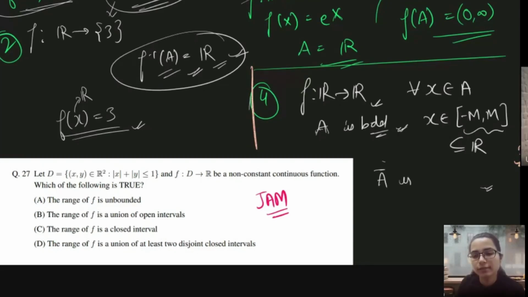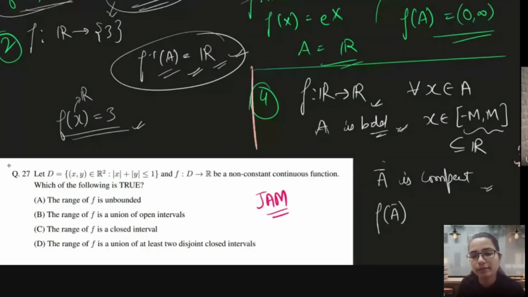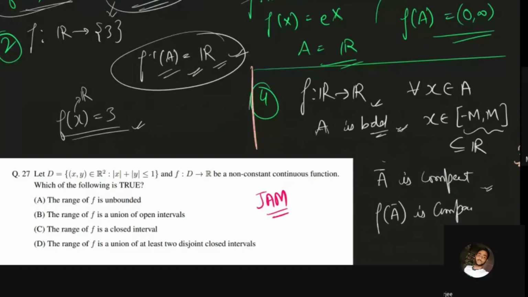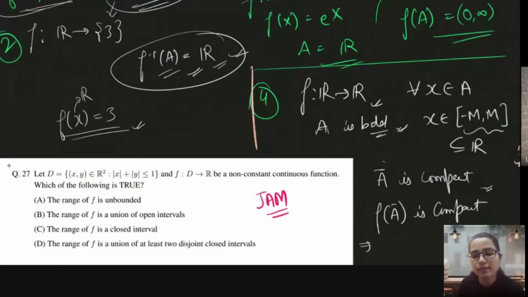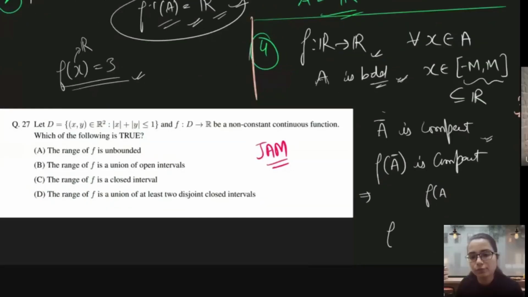The closure of A will definitely be compact, because A is bounded. And this implies that if A is a bounded set, then f(A) must be bounded. f(A) is a subset of f of the closure of A.